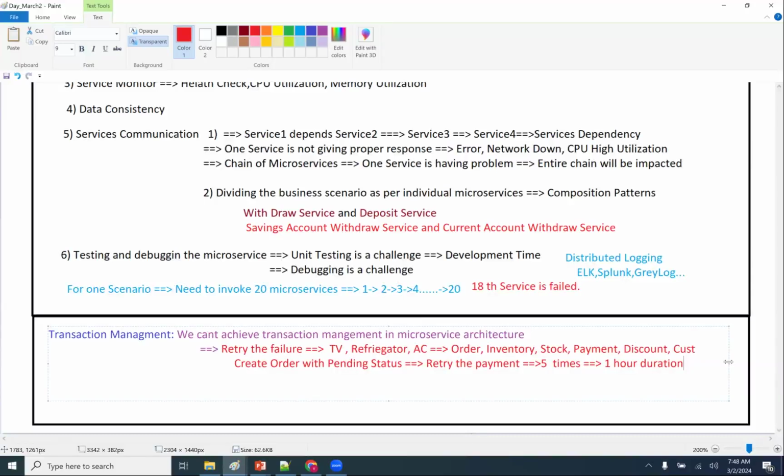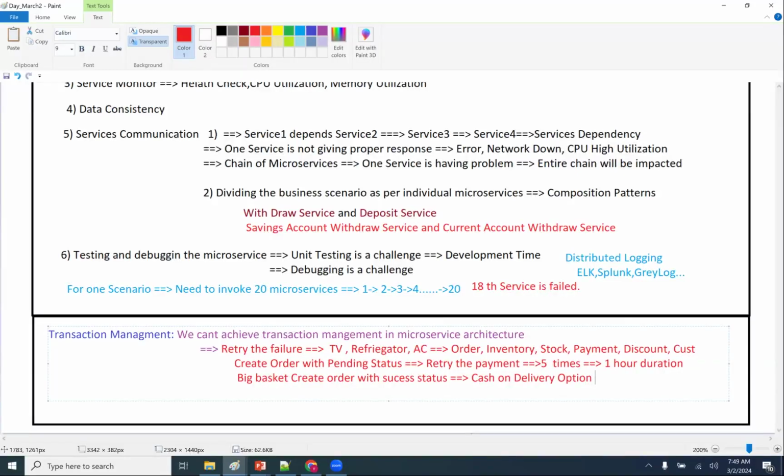Next, sir, will you agree with me? Next point, Big Basket. On Big Basket also it's the same, right? But what they will do, sir, in place of pending status: Big Basket creates the order with a success status, with the cash on delivery option.